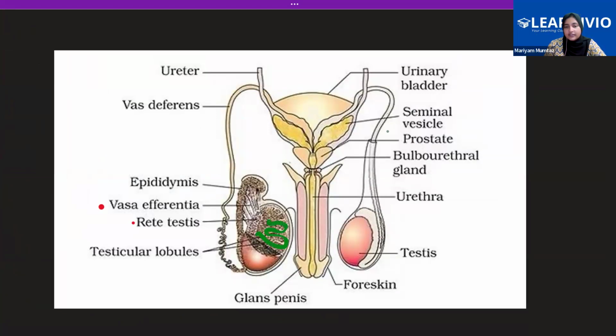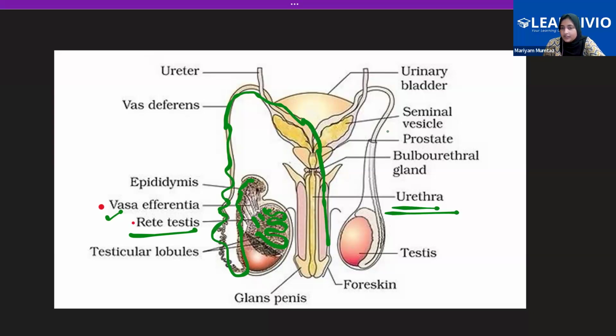This coiled structure that is found, we have the seminiferous tubule. Now, the seminiferous tubule is going to open into the rete testis, which will open into the vasa efferentia, which will open into the epididymis, this part, and then into the vas deferens, which will move towards and combine with the urethral duct, and then the pathway continues in the urethra.